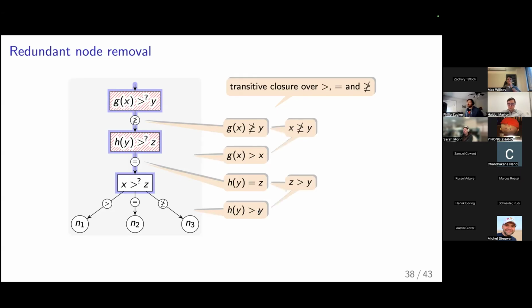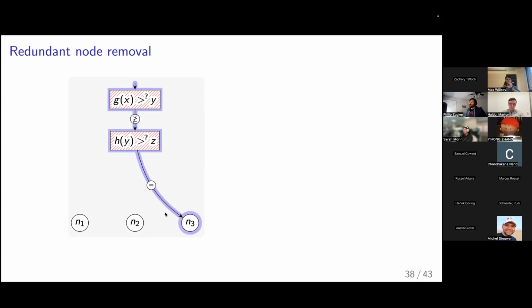And now we can run the transitive closure, and we actually get that x is not greater than or equal to z. This means that at this point we will always go through this branch, no matter the substitution, and we can just replace these two edges with just one edge going to n3 directly.